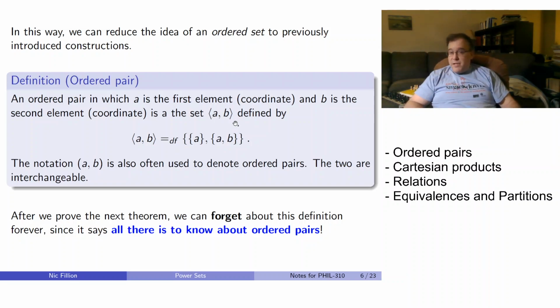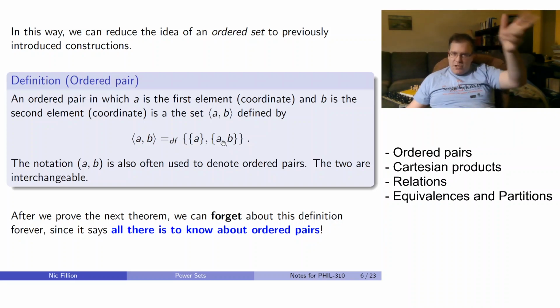We use another symbol. They are called the angle brackets, right? So we have AB between angle brackets. That's the ordered pair containing A as first element and B as second. That's going to be identified as that set whose first element is singleton A and then containing the pair AB, based on the trick that we just saw before.